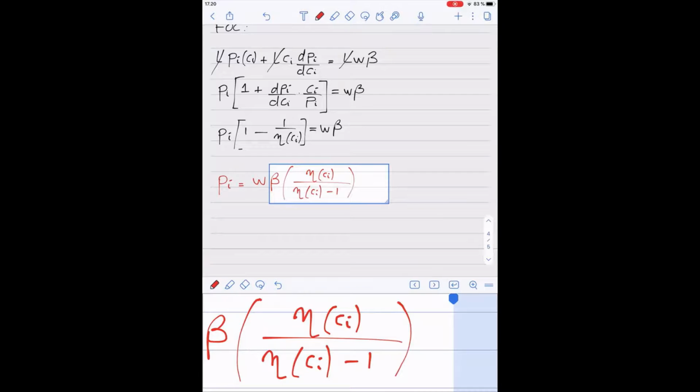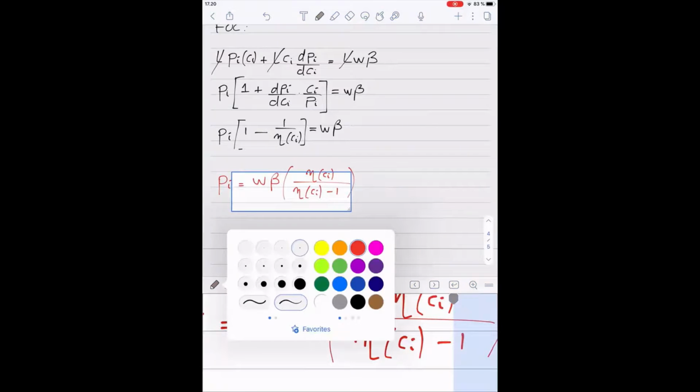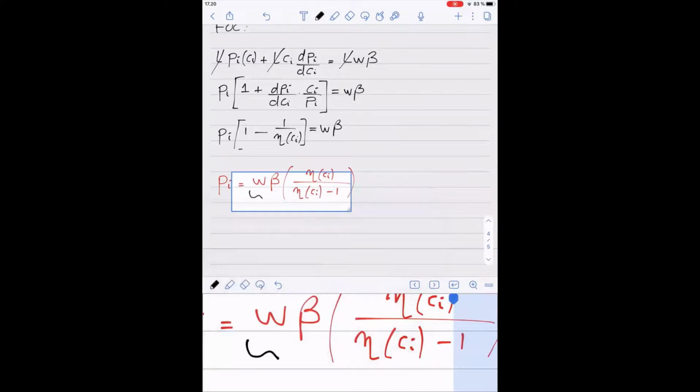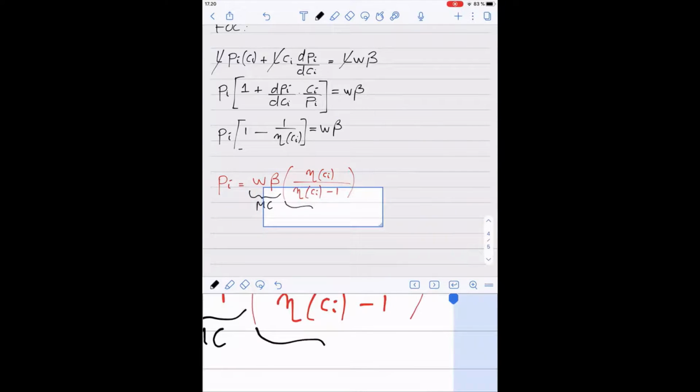So what we have here is the marginal cost, W beta, that is the marginal cost of producing 1 unit of output, this is MC, and eta over eta minus 1 is the markup. Okay, so with monopolistic competition, we have that firms charge markups over the marginal cost.